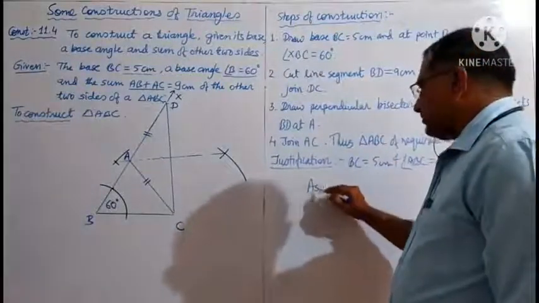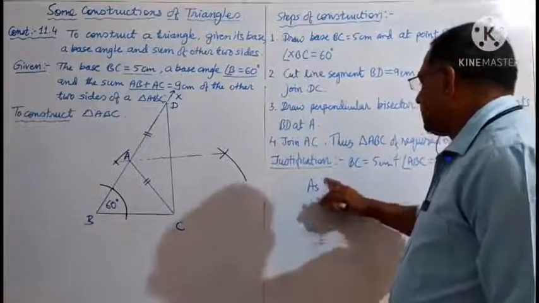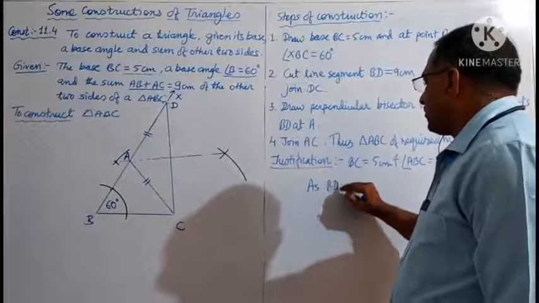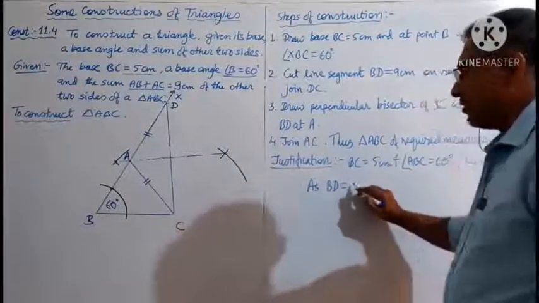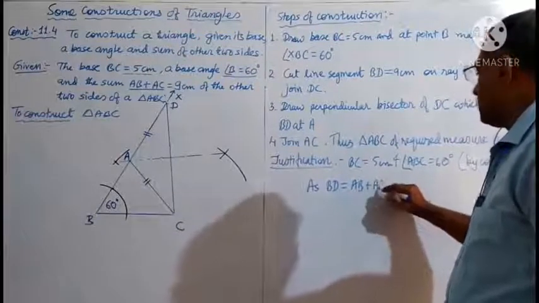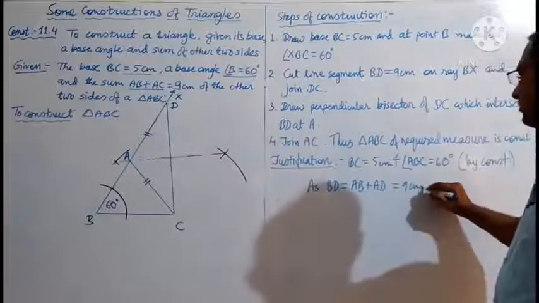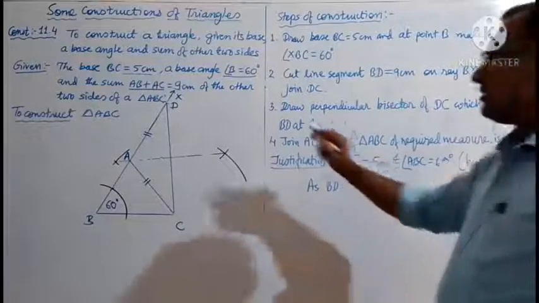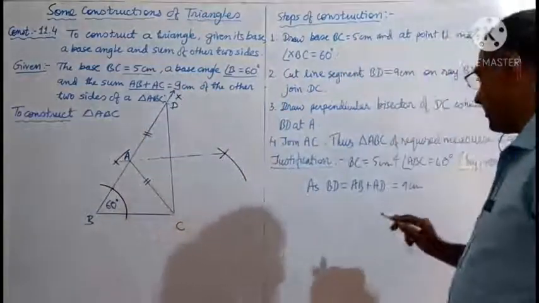As BD is equal to AB plus AD, and that is equal to 9 centimeter, we have to prove that AB plus AC is also equal to 9 centimeter.